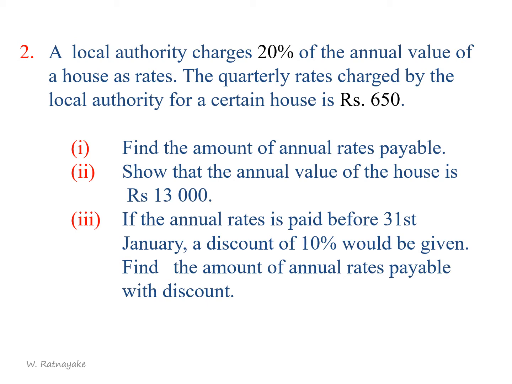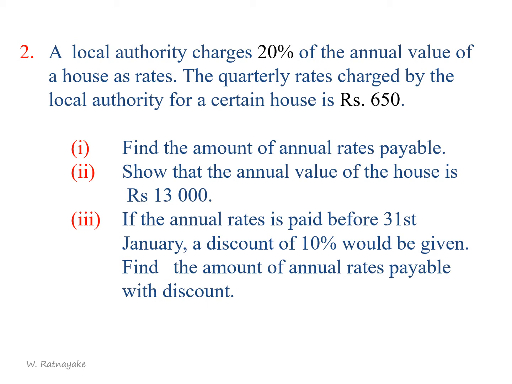Part 2: show that the annual value of the house is rupees 13,000. Part 3: if the annual rates is paid before 31st January, a discount of 10% would be given. Find the amount of annual rates payable with discount.